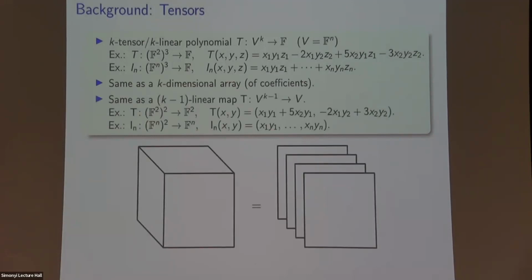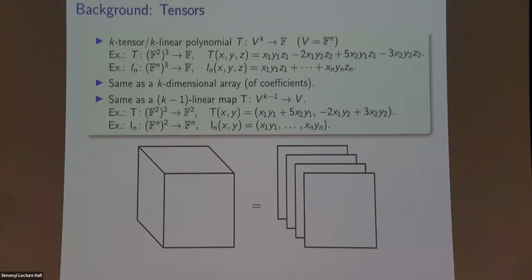And then another perspective, which will be very useful for us, is to think of them as polynomial maps or multilinear maps. So algebraically, what you do here is that you take one of the variable sets. So take a look at the first example with t.